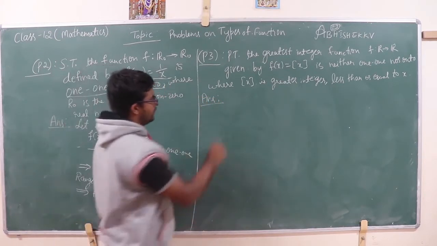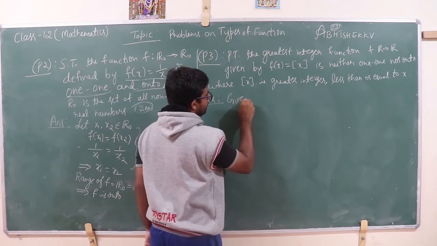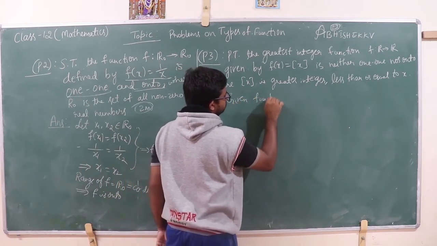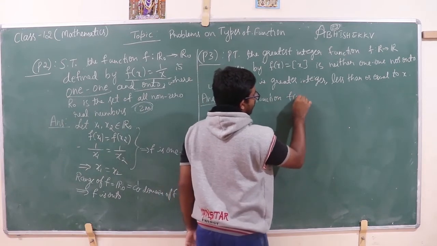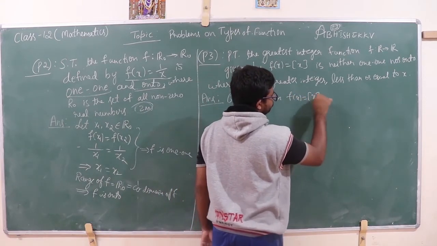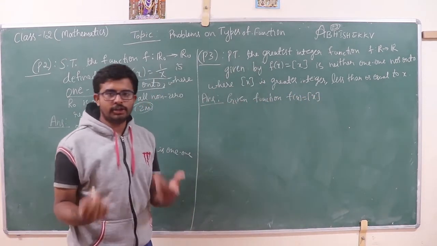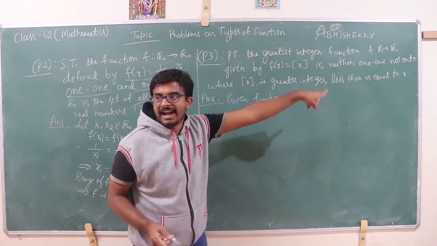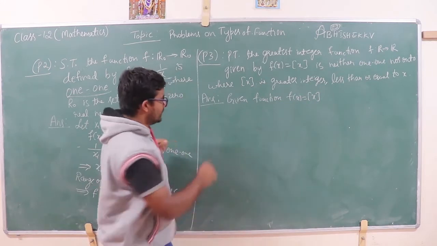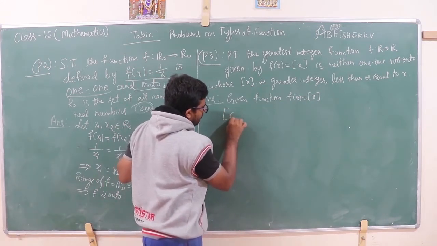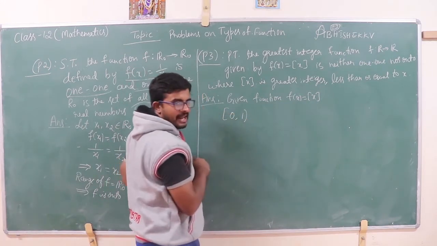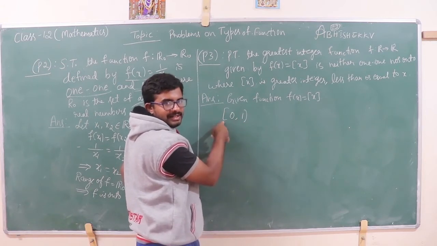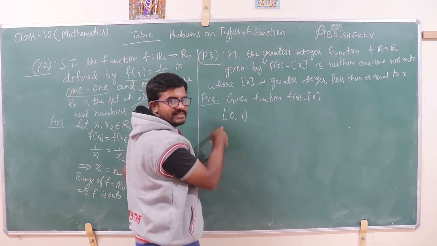Okay, given the function f of x is equal to the greatest integer less than or equal to x, as I already told you. See, if I consider the number line, the interval 0 to 1, closed at 0 and open at 1, what is the meaning of this?